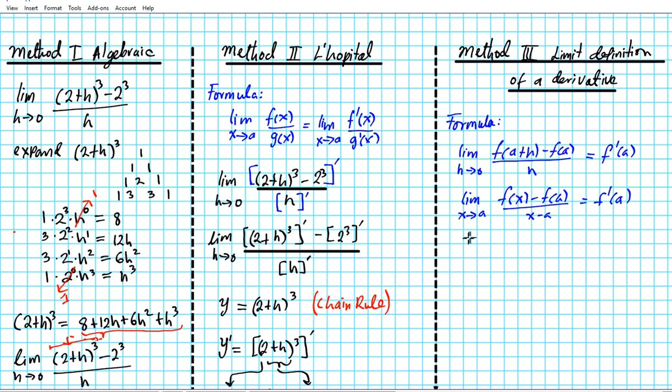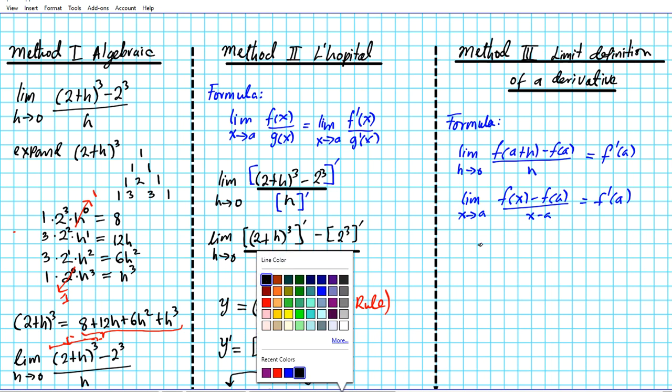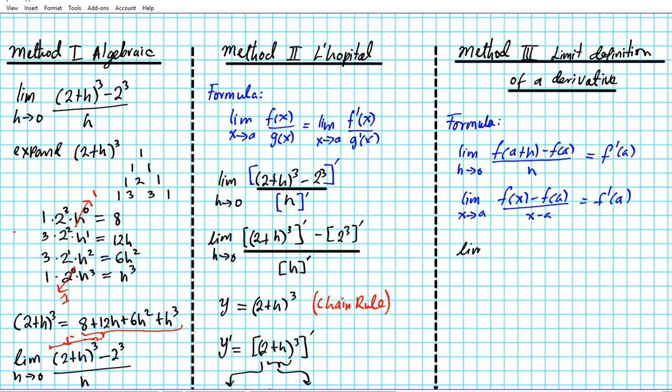Okay? So in this particular problem, what do we have? Let's write it down. We're looking for the limit as h approaches 0 of f of (2 plus h) to the third, minus 2 to the third.